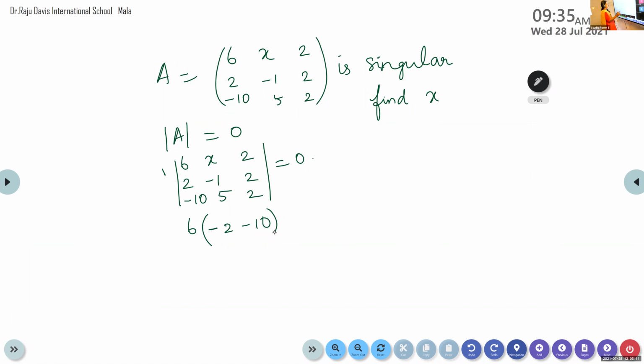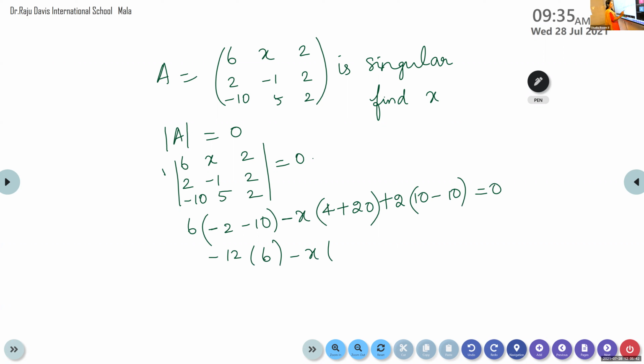Minus x into 4 minus of minus 20, plus 2 into 10 minus 10, equal to 0, isn't it? Now simplify and find out the value of x. So we'll get minus 12 into 6 minus x into 24 is equal to 0.